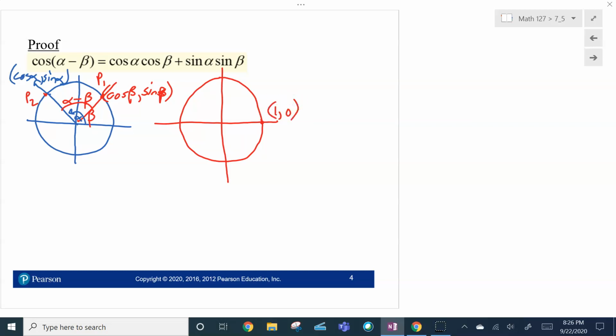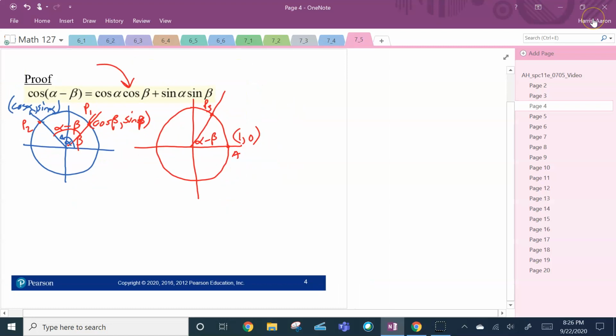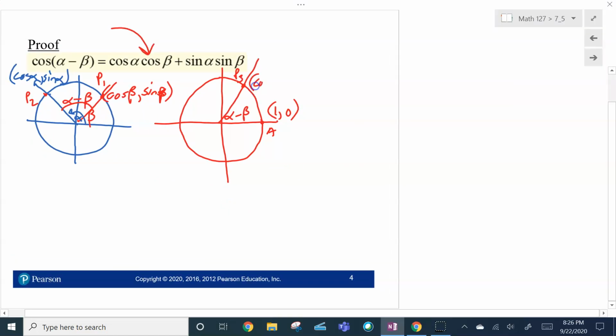I'm going to call that point A. And so here's our alpha minus beta angle. So we've rotated that whole thing around and put point 1 on 1, 0. And then I'm going to call this point 3 right here. This point right here would be cosine alpha minus beta, sine alpha minus beta.